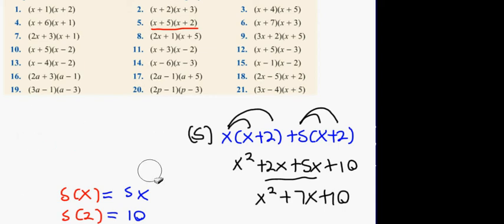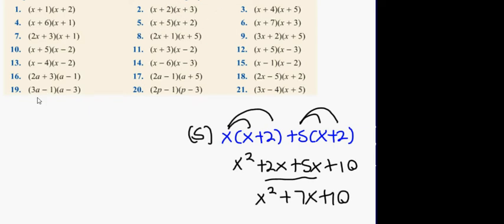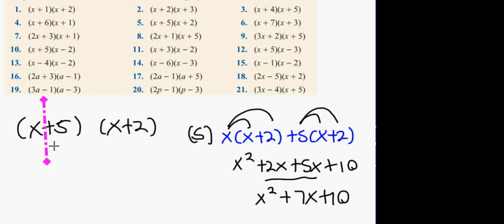What you always do in all of these questions is the following. You look at the first bracket, and you always break the first bracket. The first bracket is the X plus 5, and the second bracket is the X plus 2. You always split the first bracket in half.